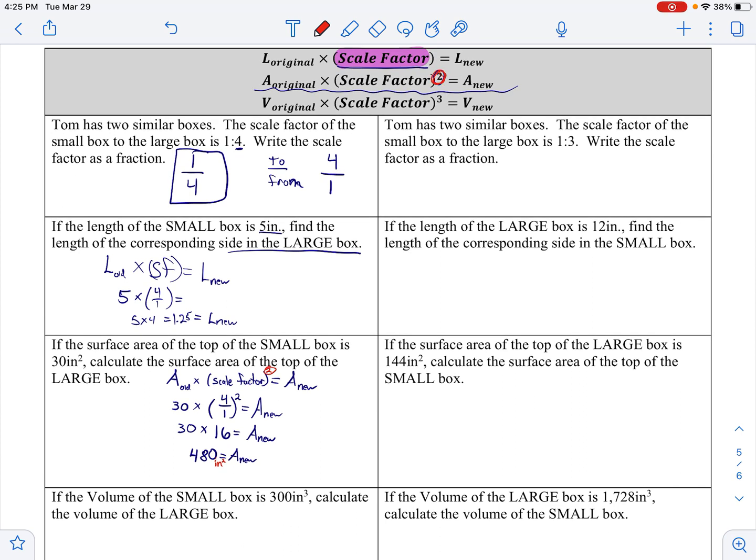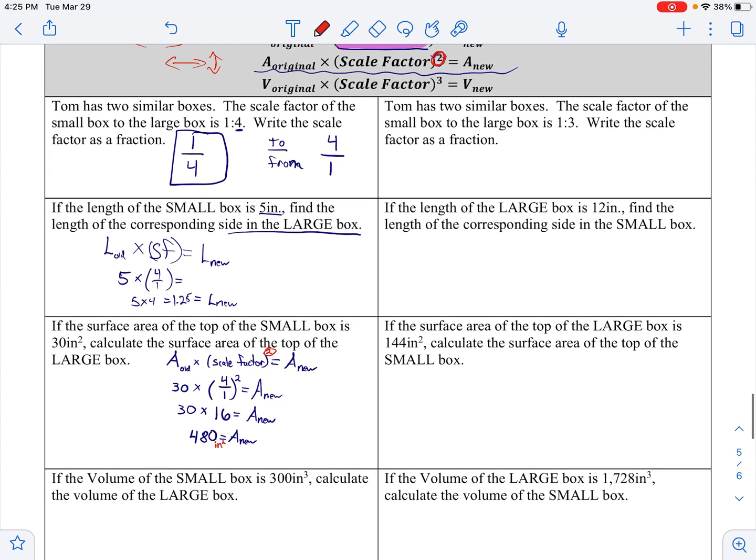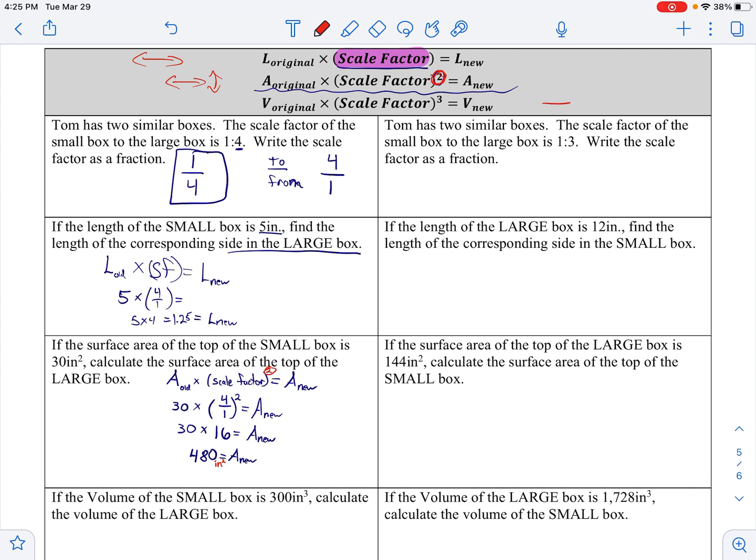The reason why is that length deals with 1 dimension, while area deals in 2 dimensions. So volume here is going to be trickier yet. We're going to have left and right, up and down, and then we're going to even have in and out.